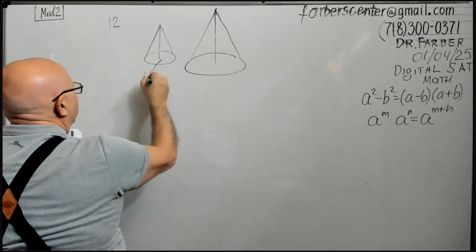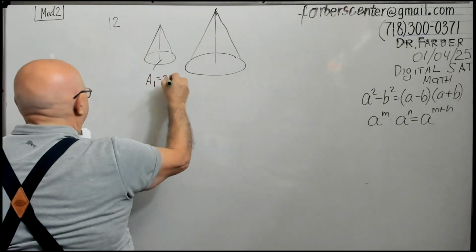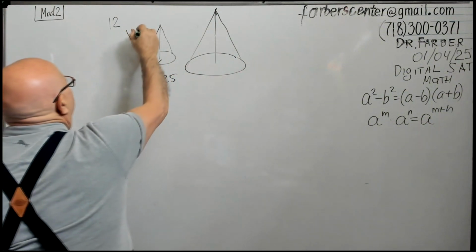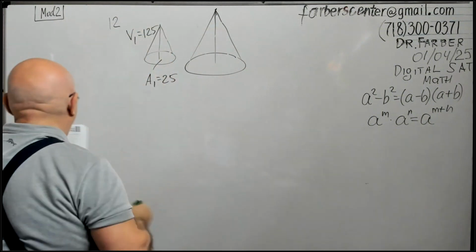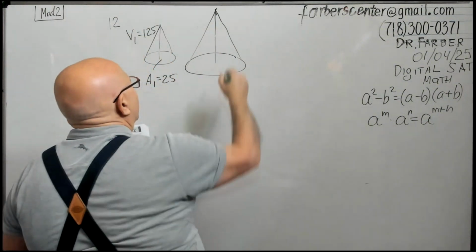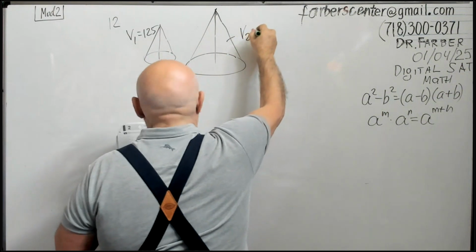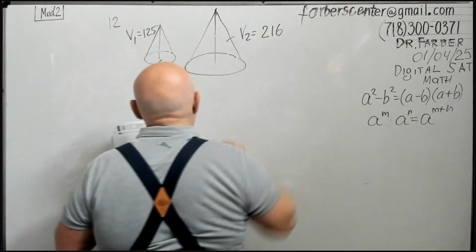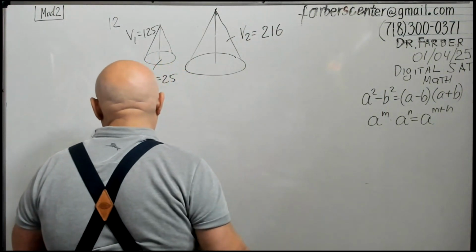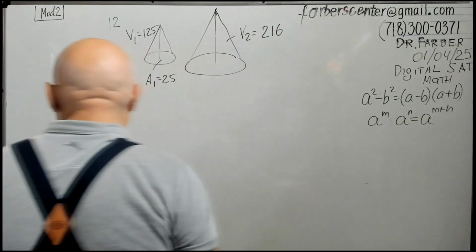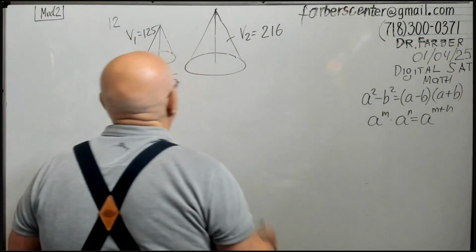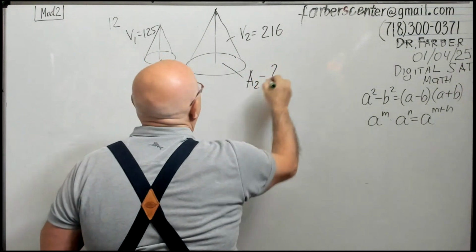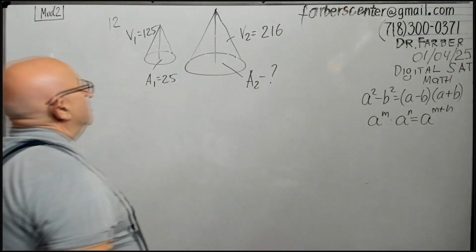Area 1 equals 25. Volume 1 equals 125. Volume 2 equals 16. And what else? What is area of the larger cone? Area 2 is a question mark. You can solve in 2 steps.